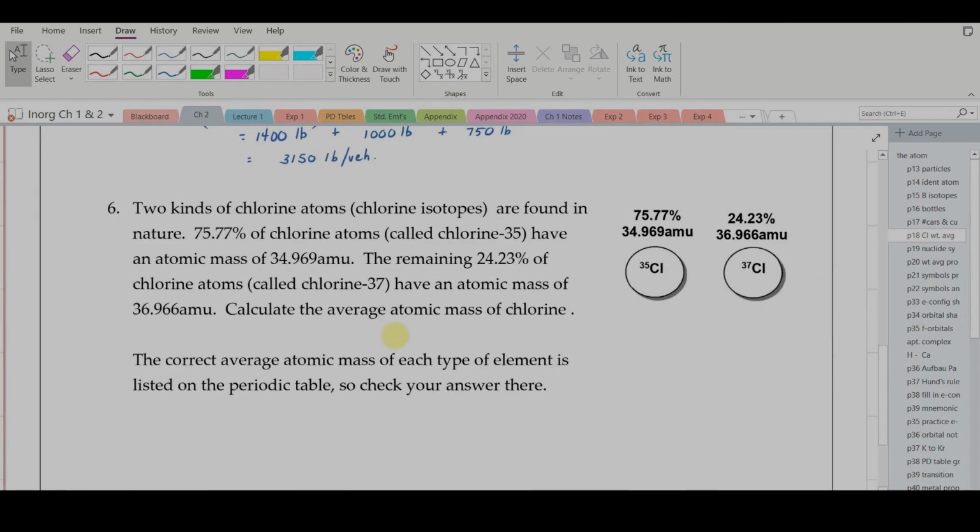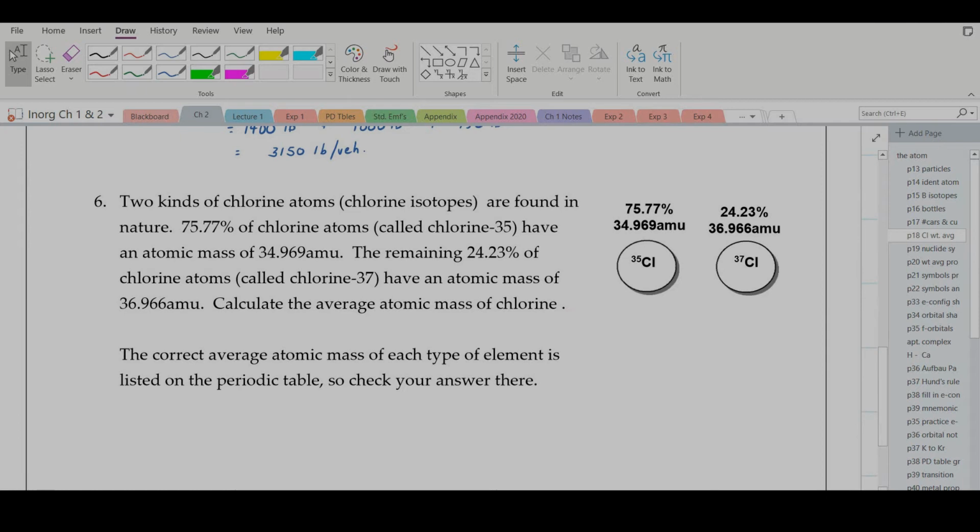All right, so here's a chemistry example. Two kinds of chlorine atoms, or chlorine isotopes, are found in nature. 75.77% of chlorine atoms have an atomic mass of 34.969. Why are they called chlorine 35? Well, that's the mass number, or number of nucleons, and the actual mass should be close to 35 because the mass of a proton and neutron are close to 1.